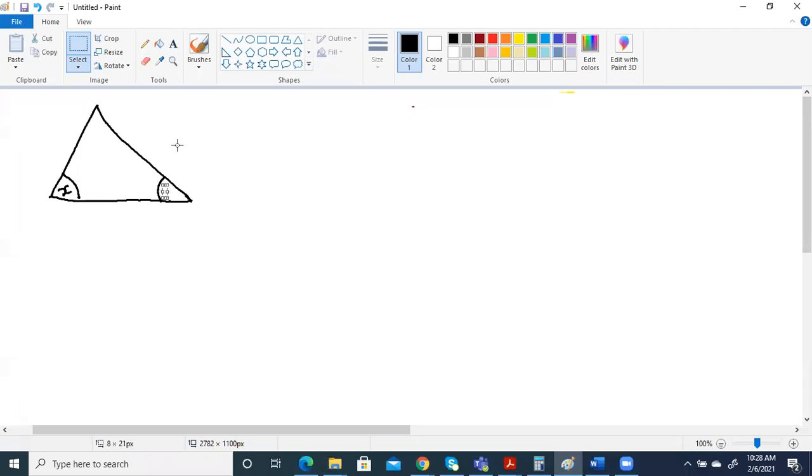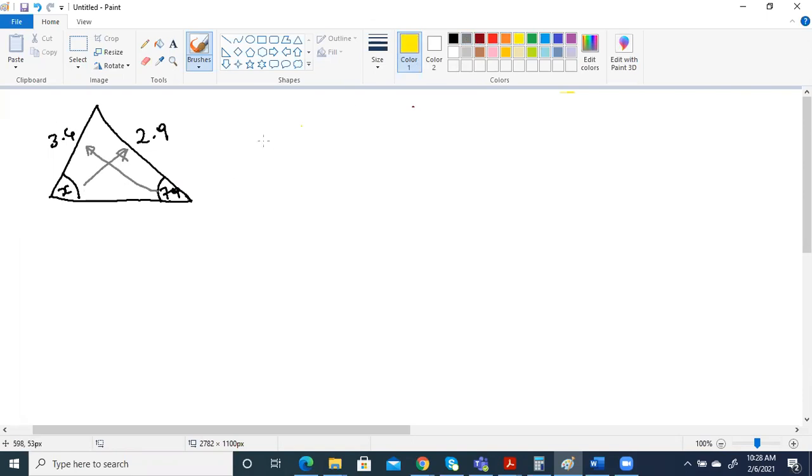All right, so number 2 now. We have 79, and then we have one side 2.9 and then 3.6 here. So we're looking to find this angle here, which is x, and we can see x has an opposite side, and this angle 79 also has an opposite side.